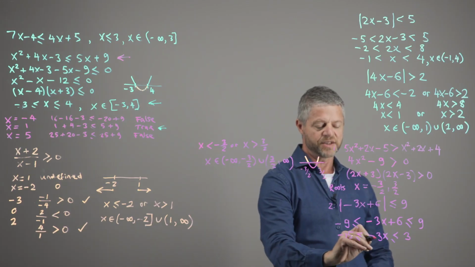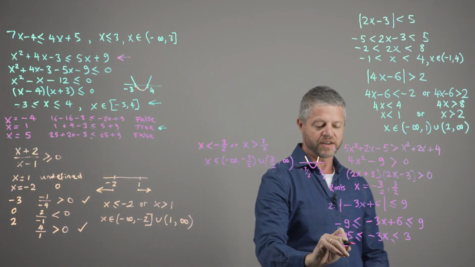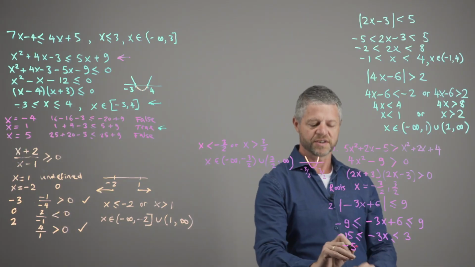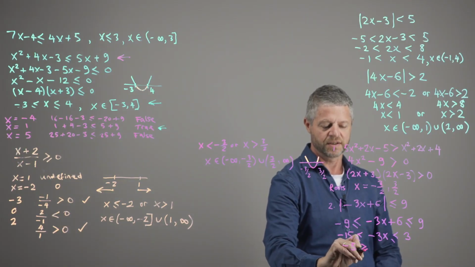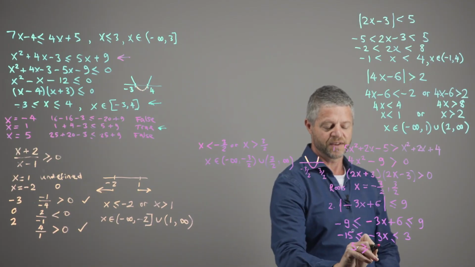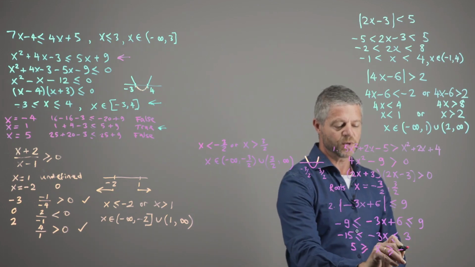And then I'll divide all through by minus 3, so I'll have minus 5. And because I'm dividing by a negative number, I have to switch the direction of the inequalities. And sorry, I'm dividing minus 15 by minus 3, so I'll get plus 5. So x. And then 3 divided by minus 3, so minus 1.